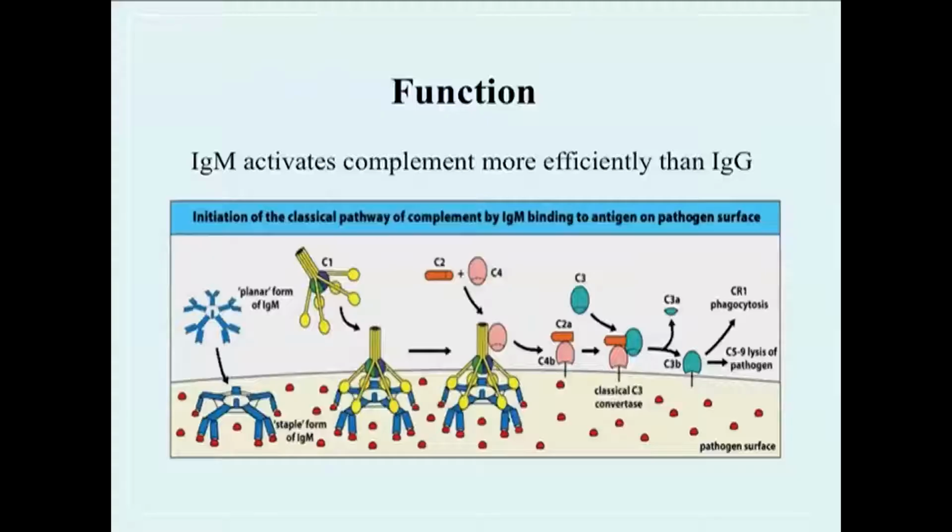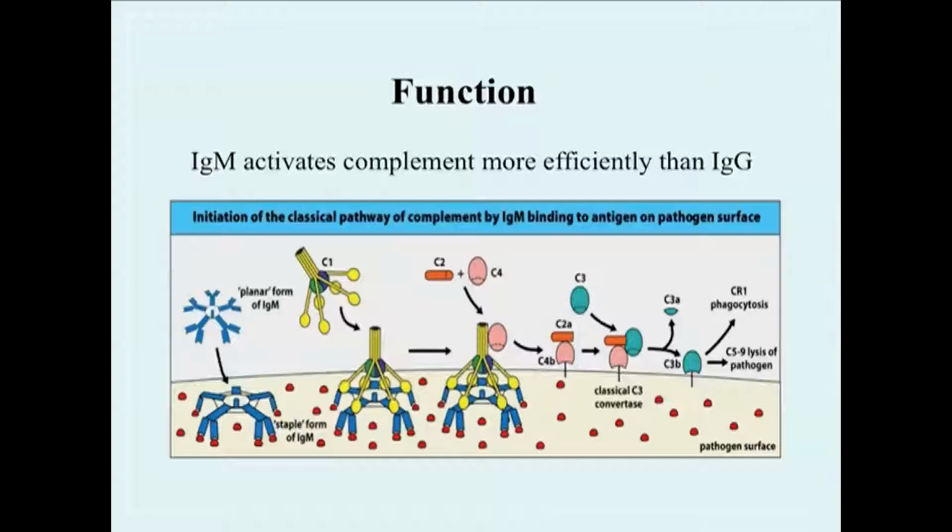It takes 100 to 1000 times more IgG molecules over IgM to produce the same level of agglutination. Similarly, less IgM is required to neutralize virus or bacterium. And IgM is very useful in activating the complement system. Complement system is a part of our immune system.